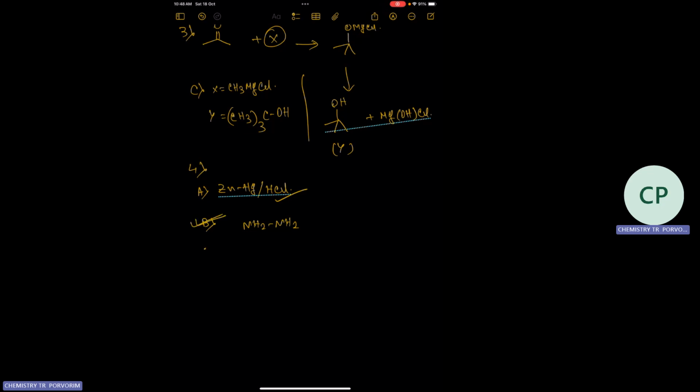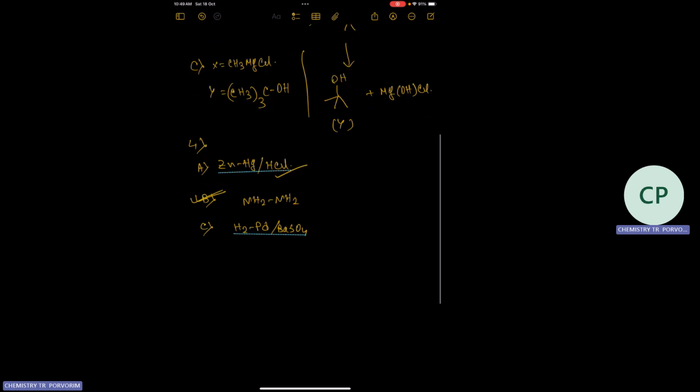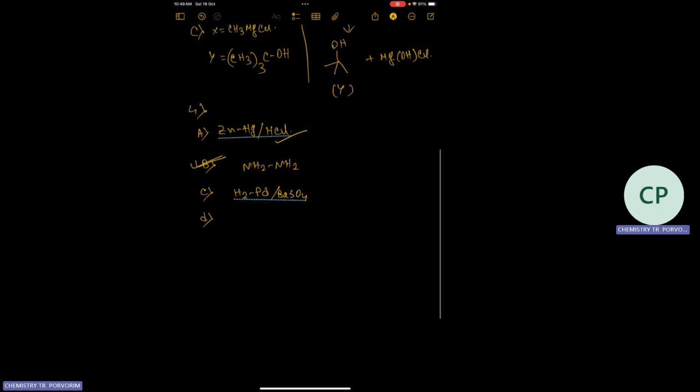Let's go through the rest of the options. Option C, Rosenmund reduction. The Rosenmund reduction reagent is hydrogen, palladium, barium sulfate. It converts acid chloride to aldehyde, so it's correct. Option D is Stephen reduction.